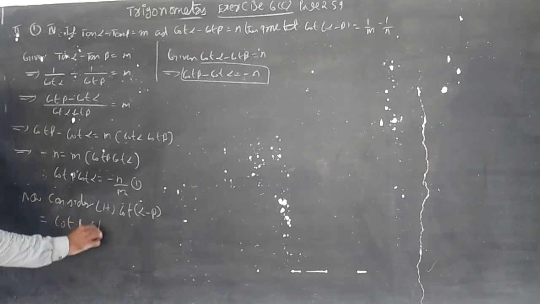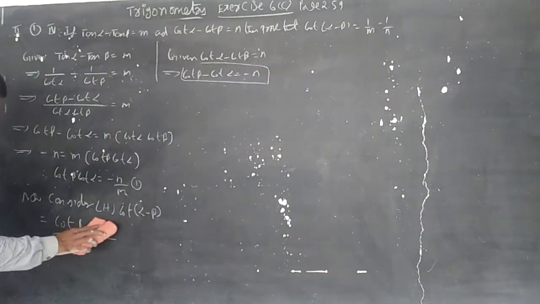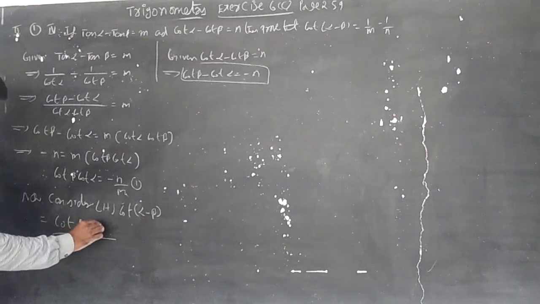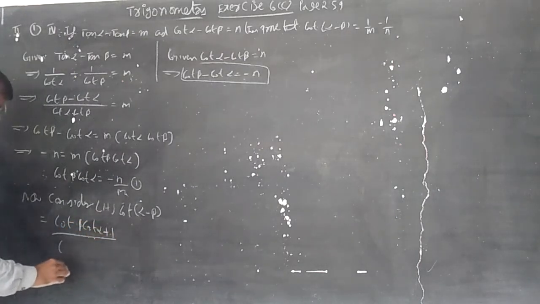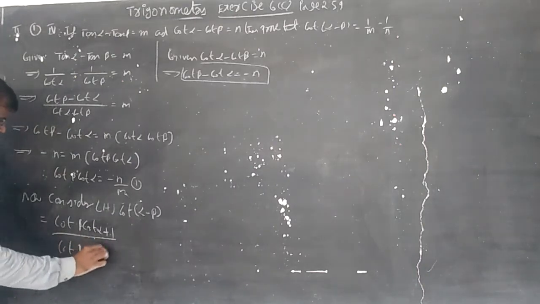So here you can write cot beta minus cot alpha: cot B cot A plus 1 by cot B minus cot A. So cot beta cot alpha plus 1 by cot beta minus cot alpha, considering the cot of alpha minus beta.